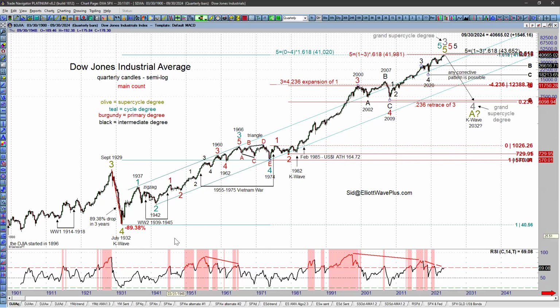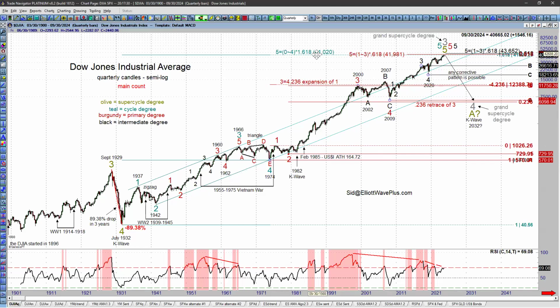So the general idea is that the supercycle wave 4 that ended in 1932 has been followed by a 5-wave impulse. So we're looking for the end of 5 waves up from the 1932 low. 1, 2, 3 in 1966, 4 in 1974, and then a heavily extended 5th wave. Within the 5th wave, 1, 2, 3, 4, 5.